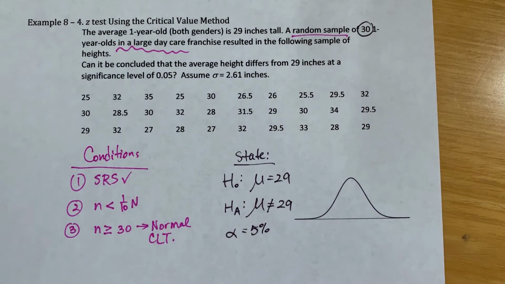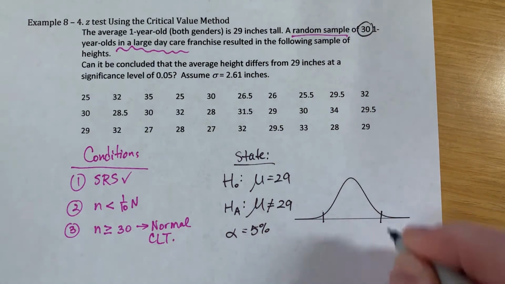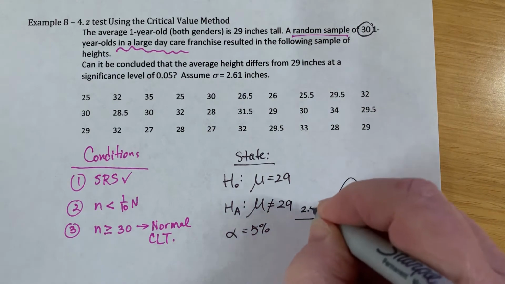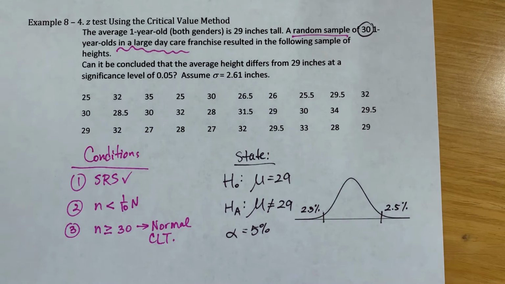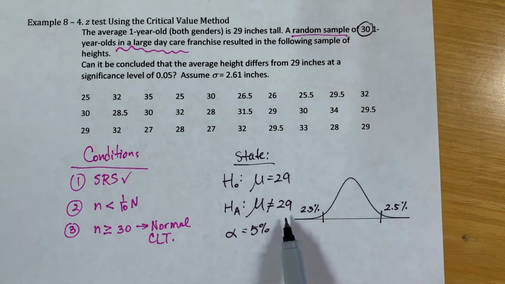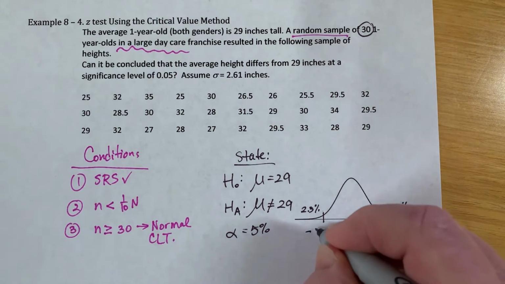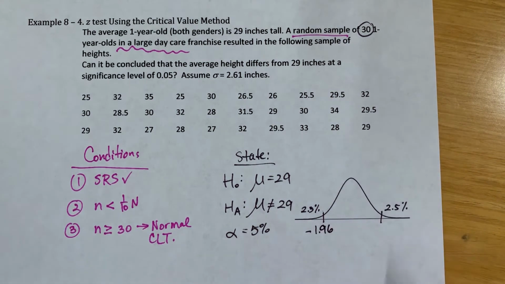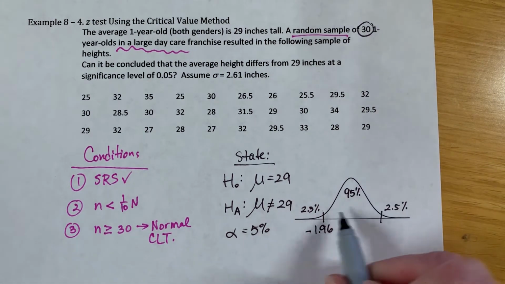That means that I'm going to split that up into 2 corners of 2.5%, okay? And this is something you have to pull out your Z-chart and check what is the value of 0.025. Go ahead and figure this out, or pause the video and figure this out. Okay, did you get negative 1.96? And if you're looking on this one, you need to do 2.5 with the 95% of the non-critical region.